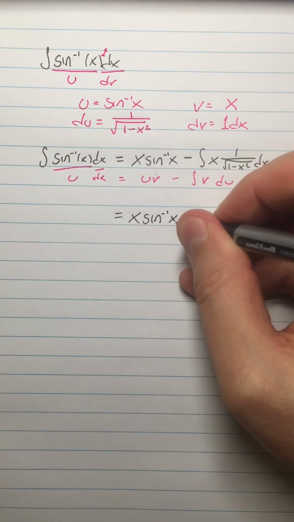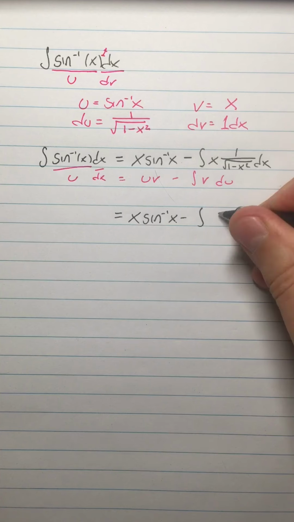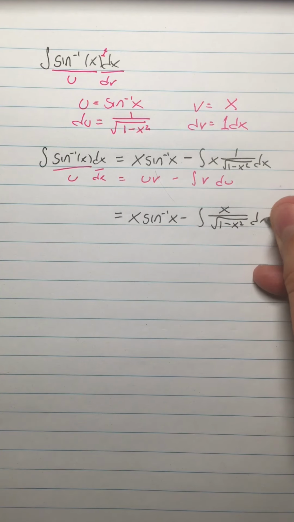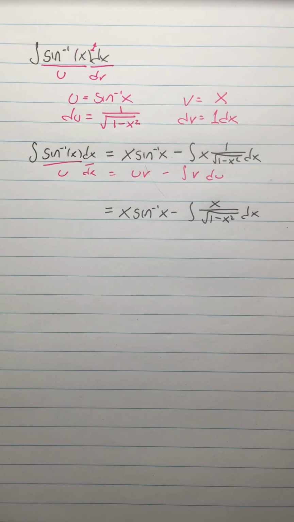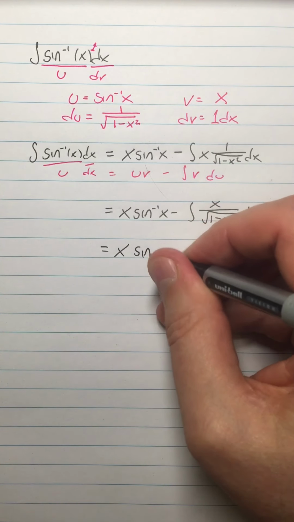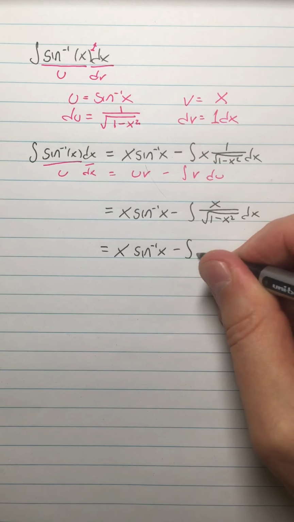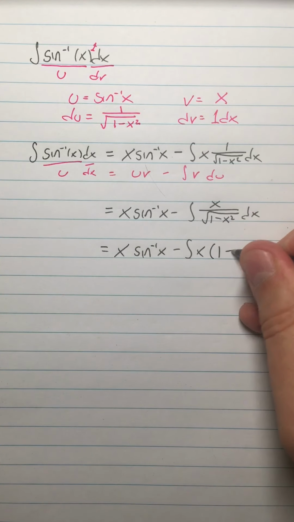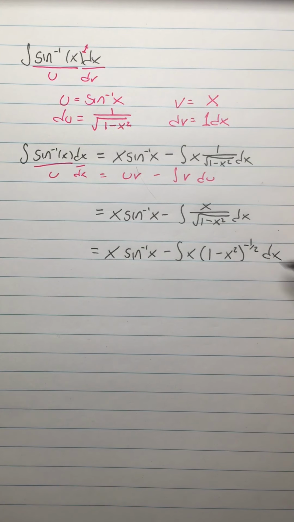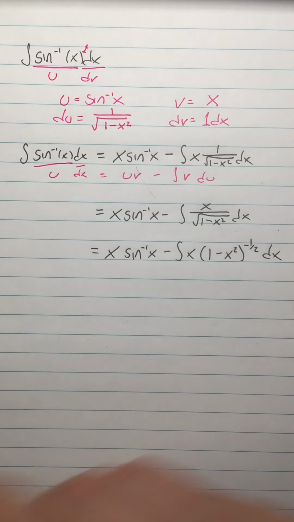That's a question you should think about while I rewrite this integral. Actually, it's probably not helpful for me to rewrite it with the x in the top, because I can write it like this: x inverse sine x minus the integral of x times 1 minus x squared to the negative 1/2 power dx, right? Now see how I've made it easier?